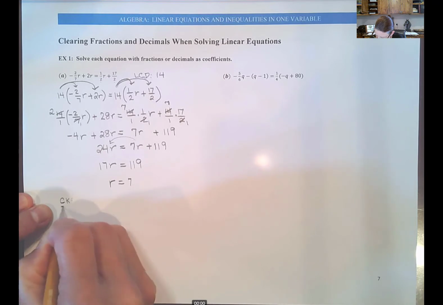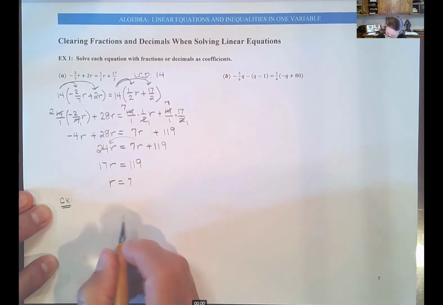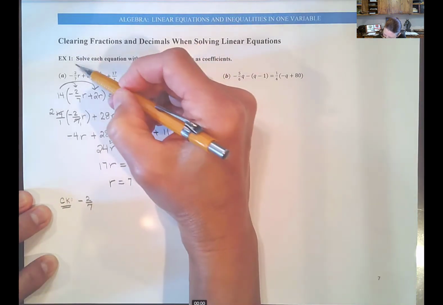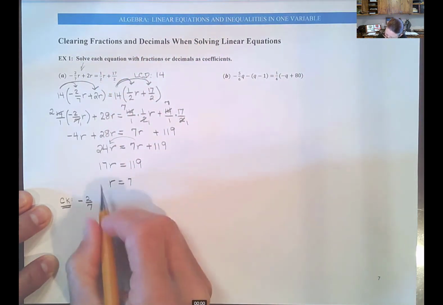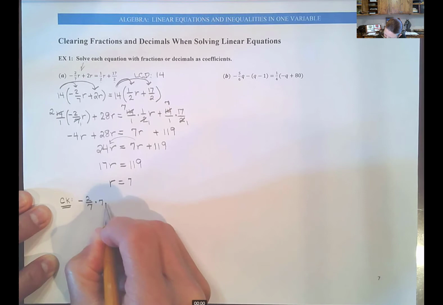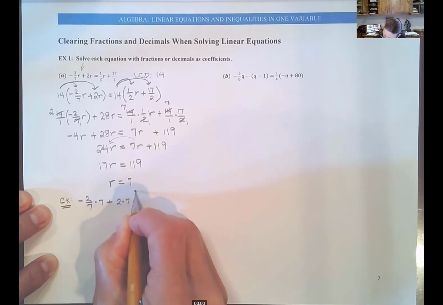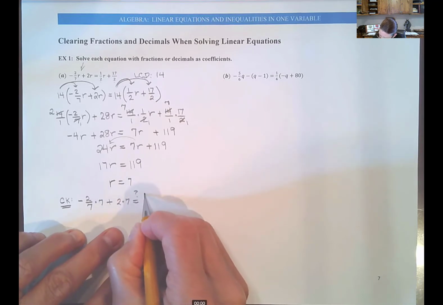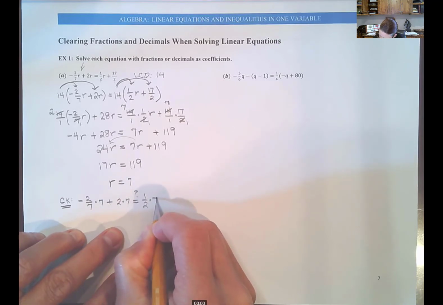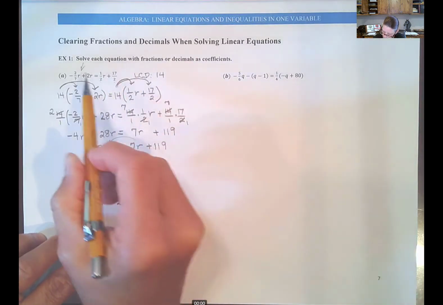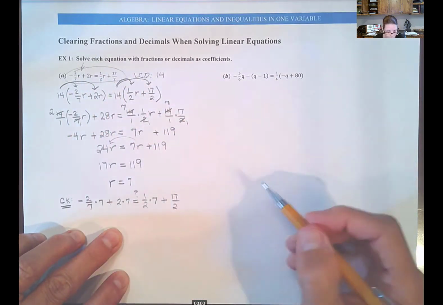Remember that you can always check these proposed solutions. Check it in the original equation. So -2/7 times 7 plus 2 times 7, is that equal to 1/2 times 7 plus 17/2? And we just substitute it into that original equation.